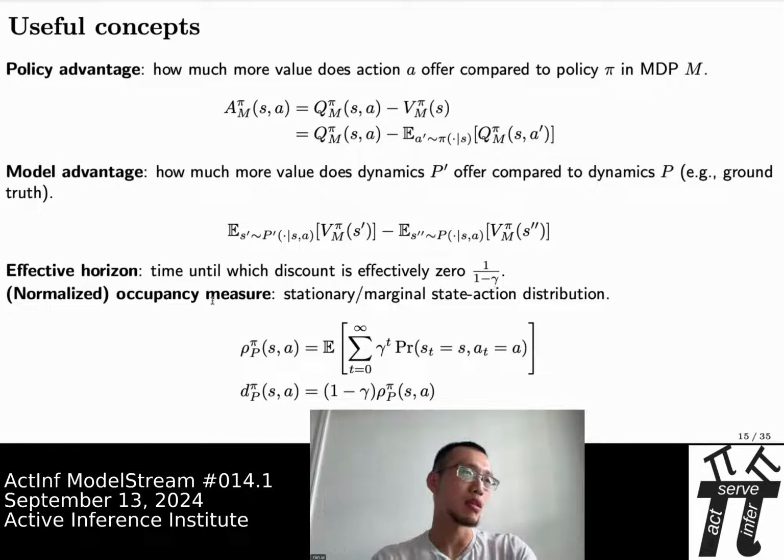And then the normalized occupancy measure is essentially the stationary or marginal state-action distribution along the Markov chain of rolling out a policy in a dynamics. This essentially characterizes the equilibrium behavior of the system.